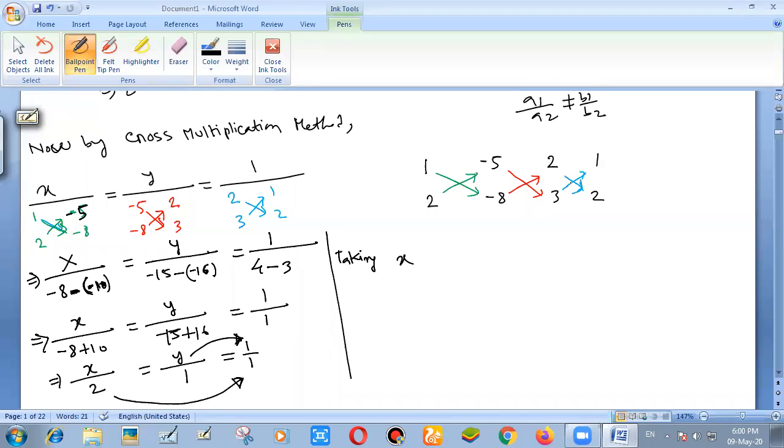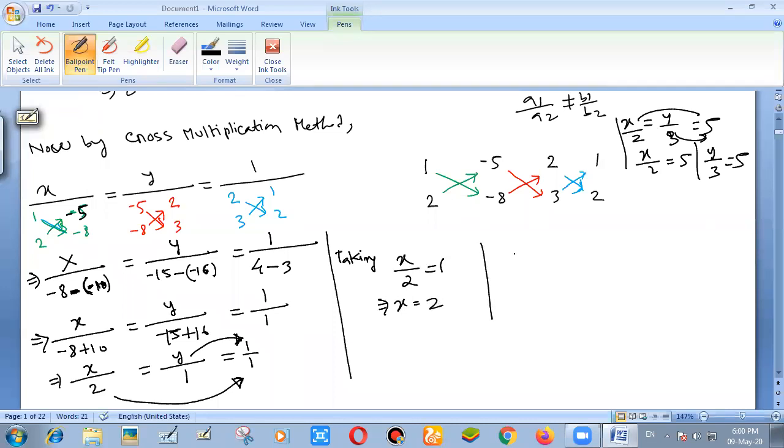Suppose x by 2, suppose y by 3, suppose equal to 5. That means x by 2 is equal to 5 and y by 3 is equal to 5. Clear about this? Sir, yes. So in the same way, x by 2 will be equal to 1 by 1, we can write 1. So from here x will be equal to 2. In the same way, y by 1 will be equal to 1, so y is equal to 1. So we have found the values of x and y as 2 and 1.